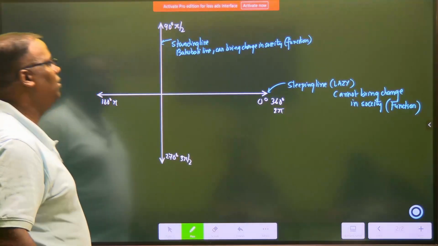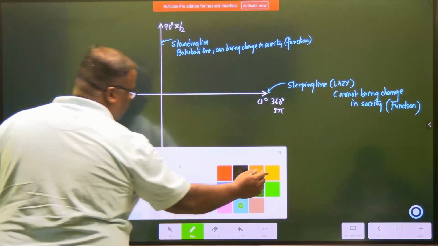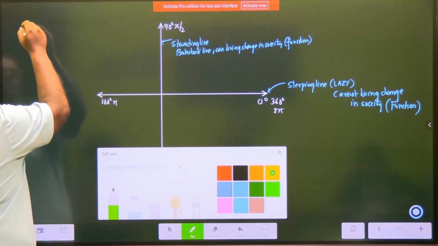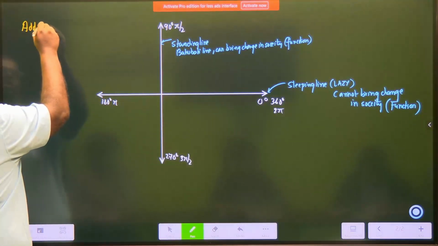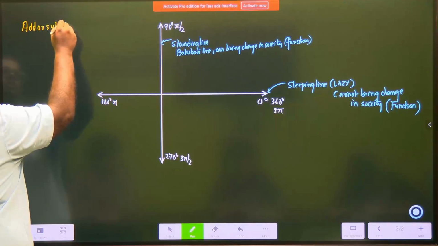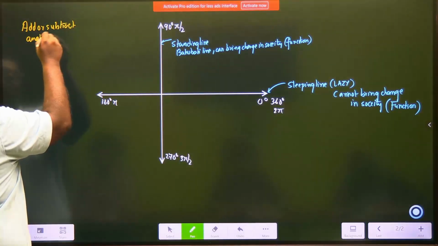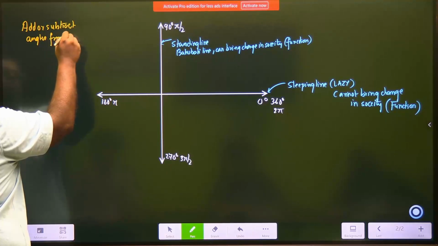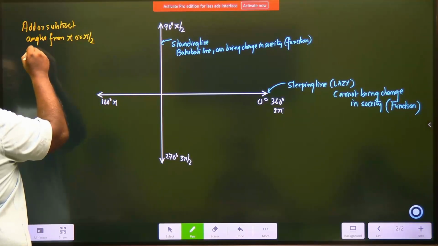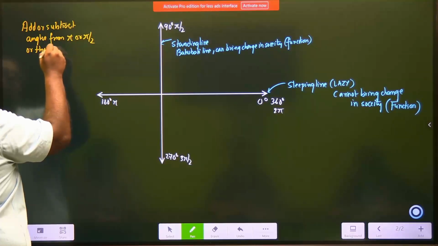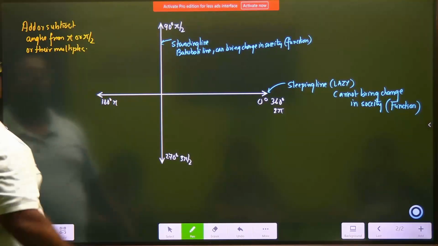Whenever you do angle inversions, there are two things you will do. Whenever you add or subtract angles from pi or pi by 2 or their multiples, right?